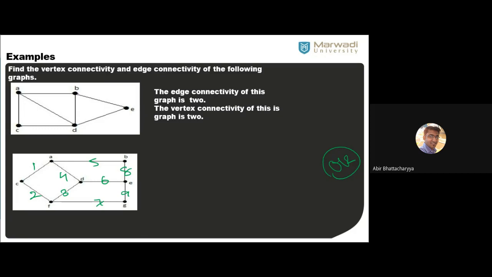So what is the possibility? 3 vertices? No. We can remove 2 vertices to disconnect. What are the vertices? A and F. We can remove A and F, and we can make the graph disconnected. Right?